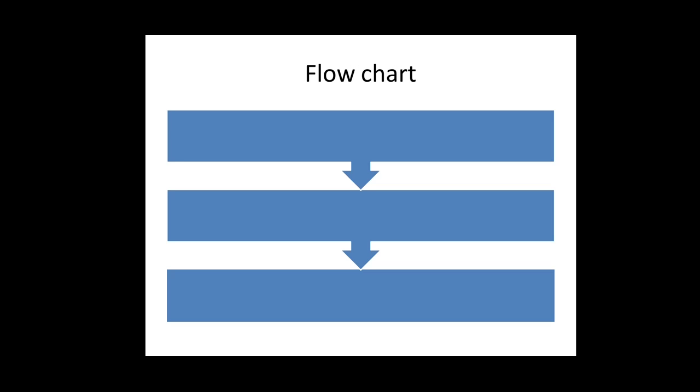Here is the form of a flow chart. It shows points one by one in a downward direction: step 1, step 2, step 3, like that.